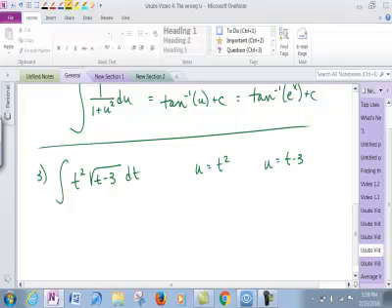Okay. What you are most drawn to is picking u equals t squared, because then you know that 1/2 du equals t dt, and the power of this part, at least under the root, is the first power of t. So that might seem like a good choice to make.